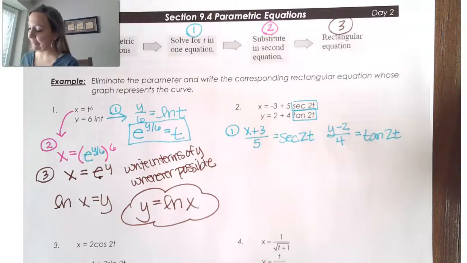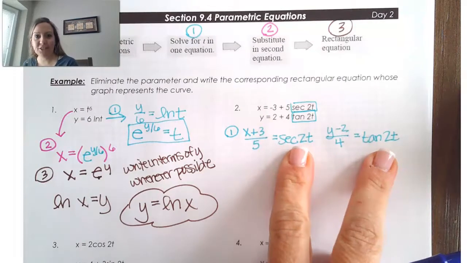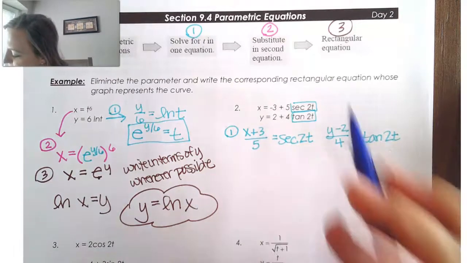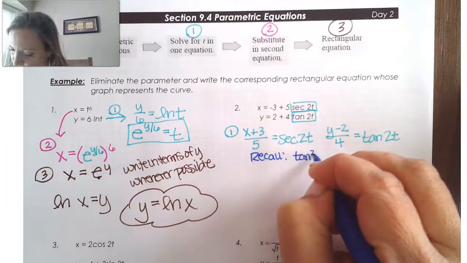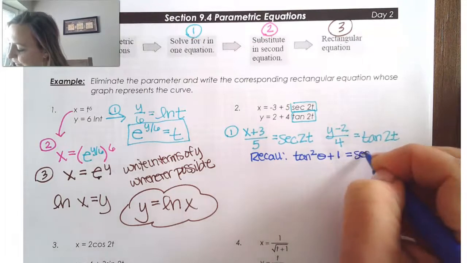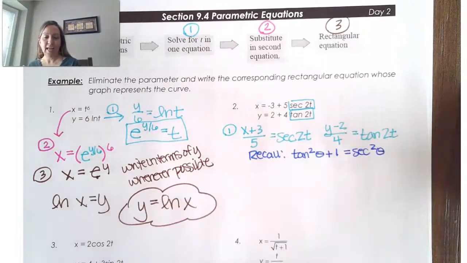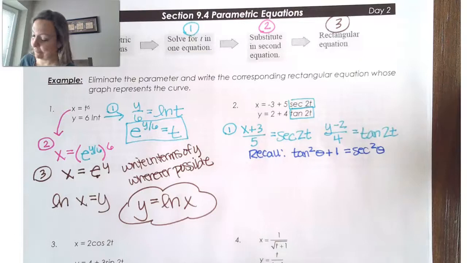Isn't there a Pythagorean identity that's involved with tangent and secant? Let's recall that tangent squared theta plus 1 equals secant squared theta. And let's put these pieces into this Pythagorean identity.